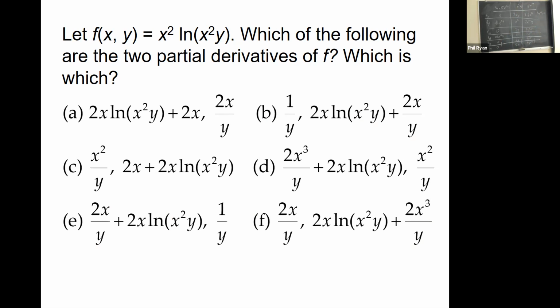Because it only appears in there once. Okay, so for the partial derivative with respect to y, the x squared stays as a multiplicative constant. What's the derivative of ln? It's just 1 over, right? So it's 1 over x squared y, and then you've got to multiply by the derivative of x squared y.